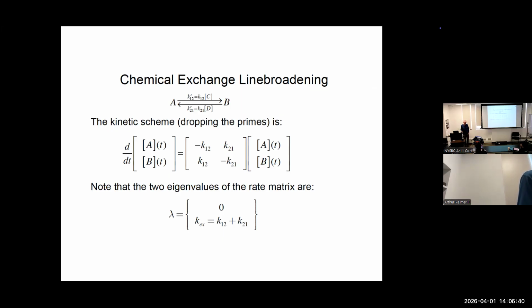The 0 means that there's an eigenvector that will tell us the equilibrium population. But you already knew that. If I set this differential equation equal to 0 and solve it, I'm going to get the equilibrium populations, because then dA is equal to 0 and dB is equal to 0. So you already knew that. It's just a fancier way of saying it.